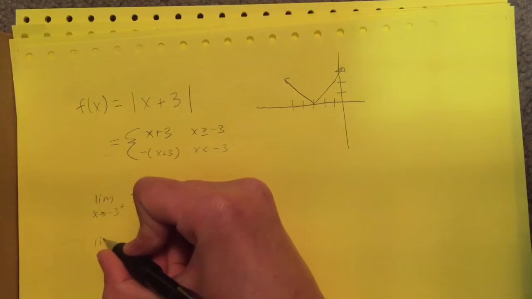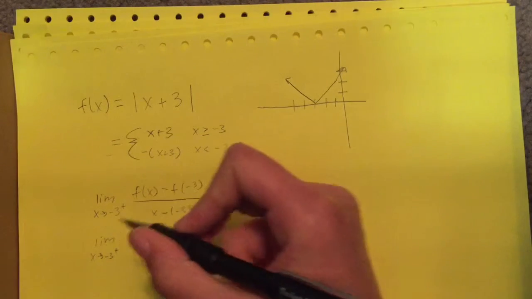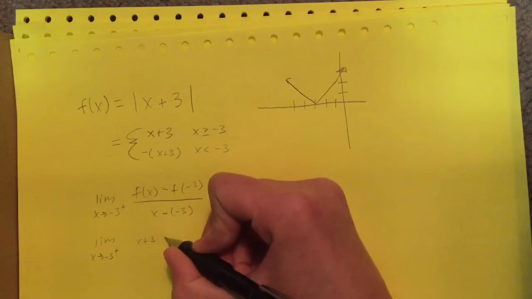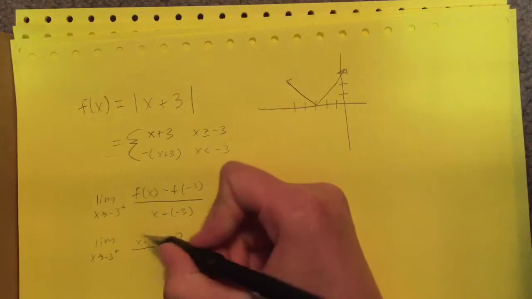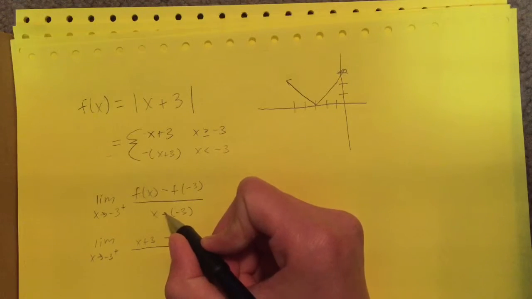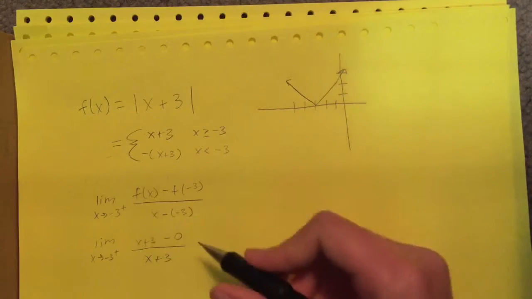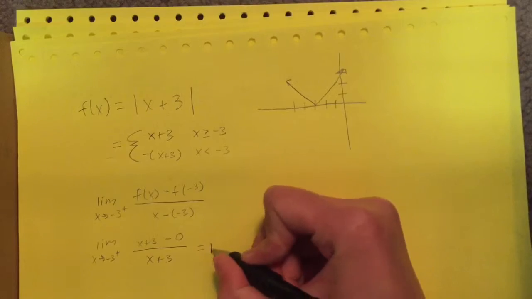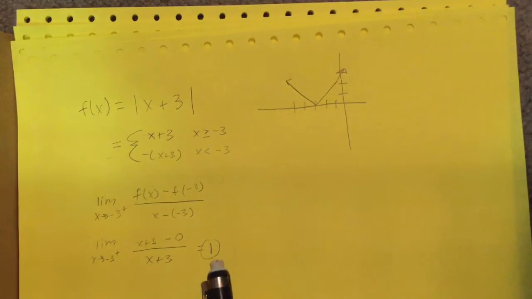So the limit as x approaches negative 3 from the right is x plus 3 minus 0, just substituting it in, over x plus 3, and x plus 3 over x plus 3 is just equal to 1. So 1 is the limit coming from the right.